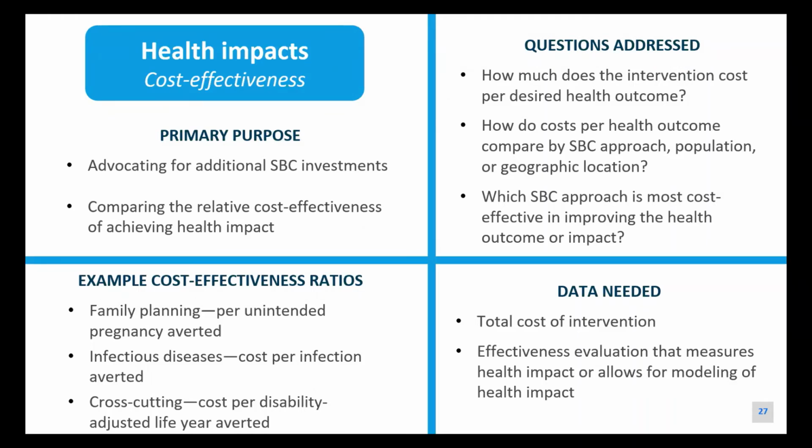In terms of data needed for cost effectiveness work, one needs either to capture changes in health outcomes or the ability to model the health impact via available tools. Examples are the Impact 2 for family planning, the Live Saved tool, and Spectrum. So next.